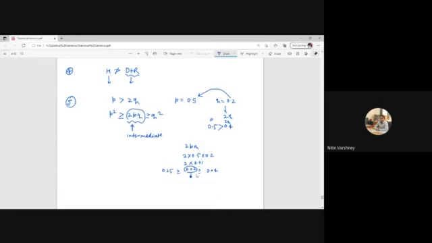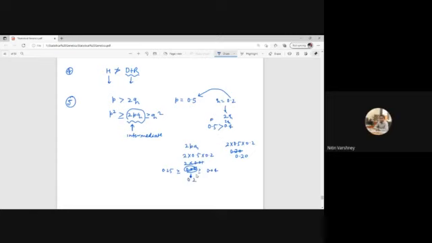Is it right or not? 2 into 0.5 into 0.2. I think 2PQ will be 0.2, yes, 0.2.